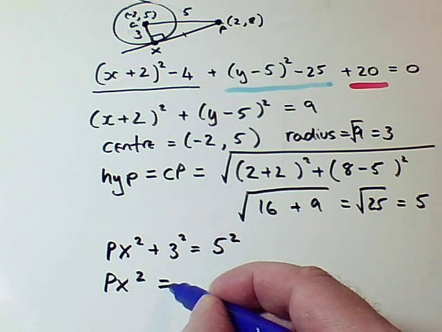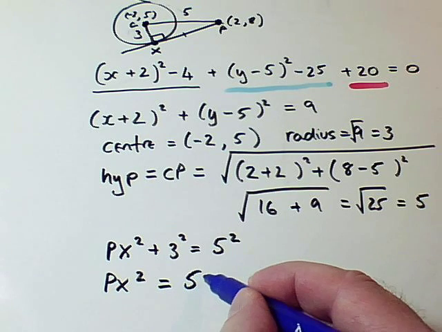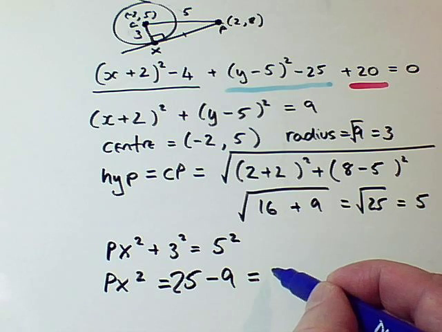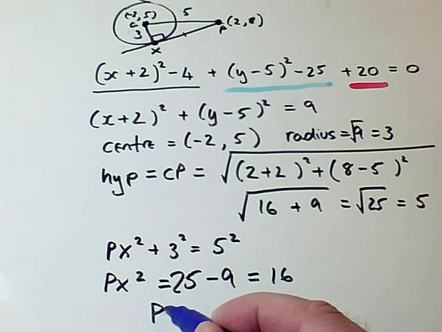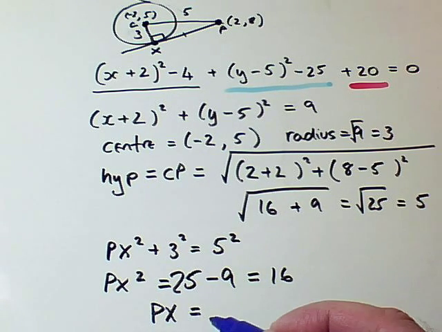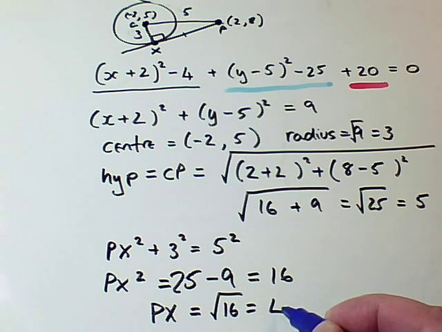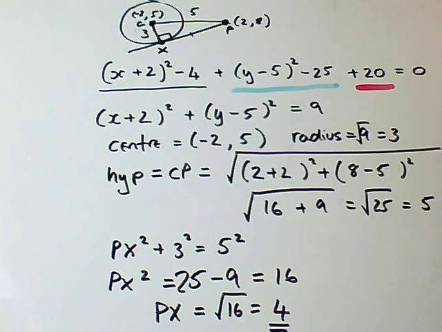So this is 25. I'm taking away my 3 squared, which is 9, so PX squared is 16. So PX is the square root of 16, which is 4. Notice that I don't need plus or minus because it's a distance, and distances can't be negative, so it's 4 units. Now, very often you'll get a surd here rather than the answer being an exact square root. But there's your method for finding the length of a tangent.